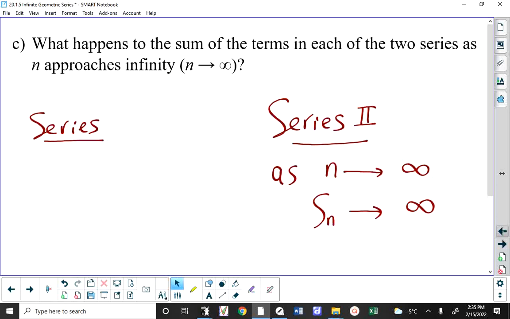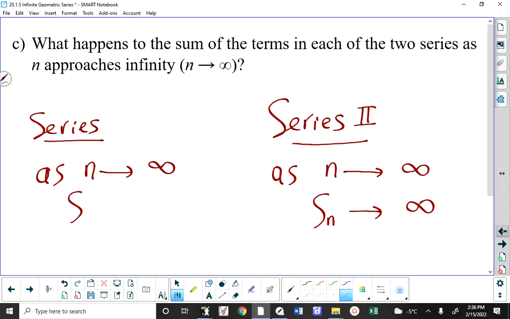So what we would put here is as n approaches infinity, the sum of the terms approaches 4. And what we would say in mathematics, and this is really something that calculus hinges on, if you go on and take calculus next year with me, infinity is a concept that turns into real things.